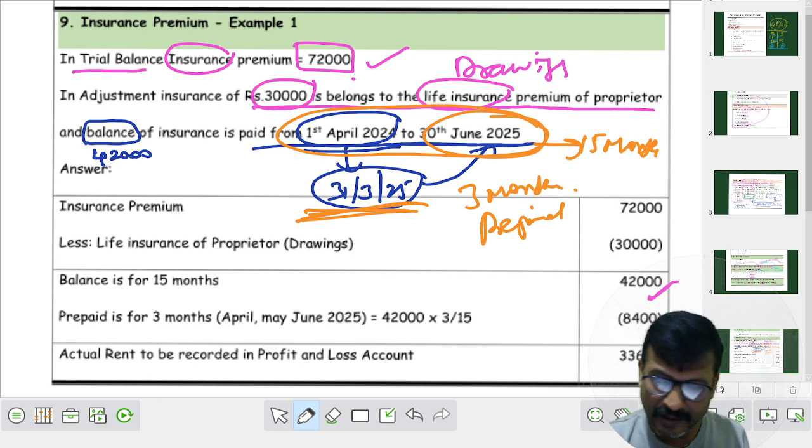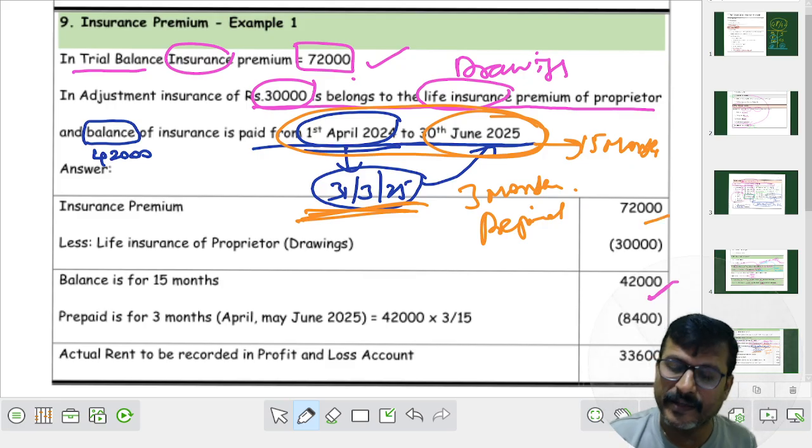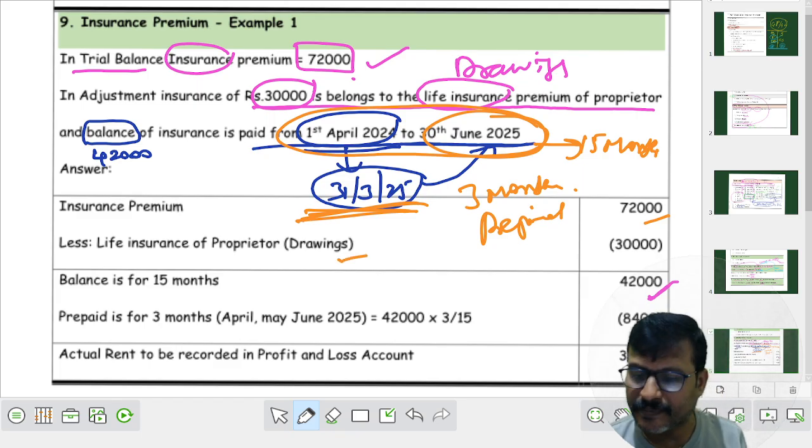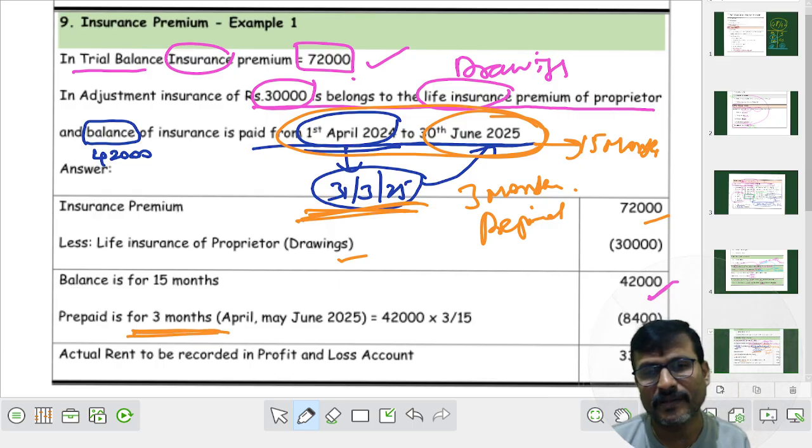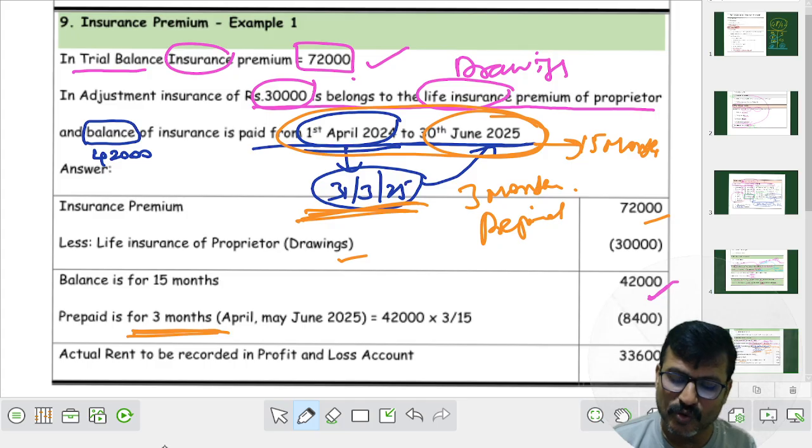Please see, insurance premium 72,000, 30,000 is life insurance drawings, balance 42,000 is for 15 months. In that 15 months, you paid 3 months in advance, that is April, May, June 25. So how to work out: 42,000 into 3 by 15.